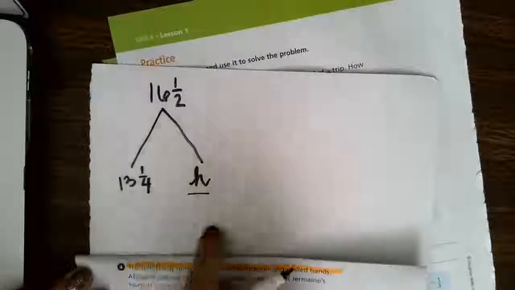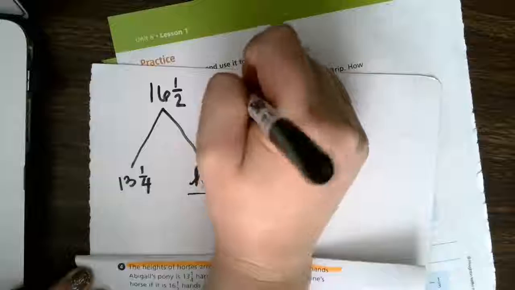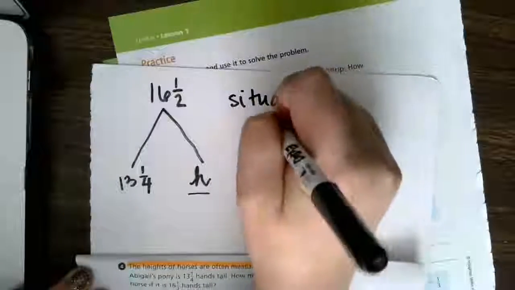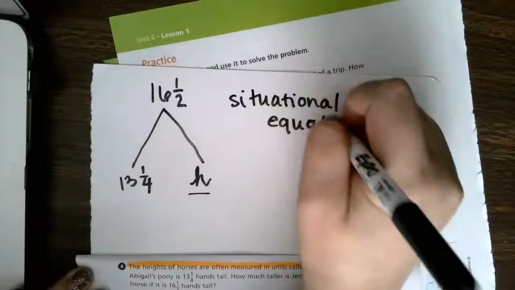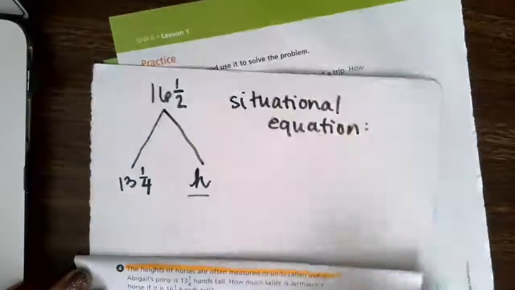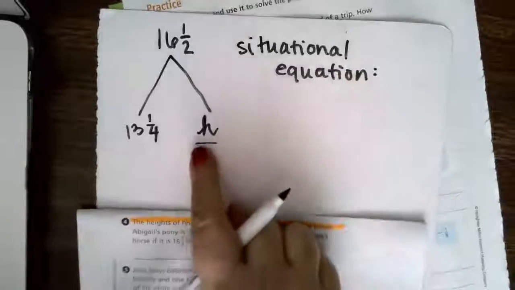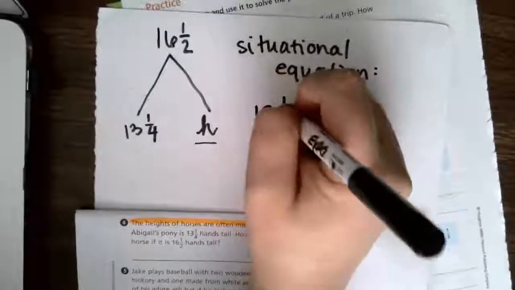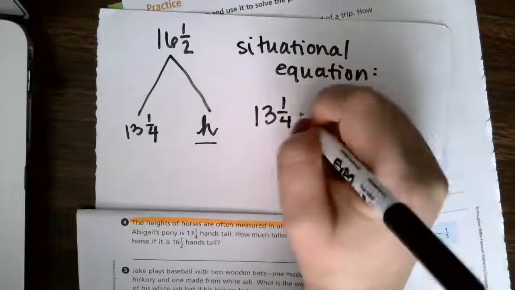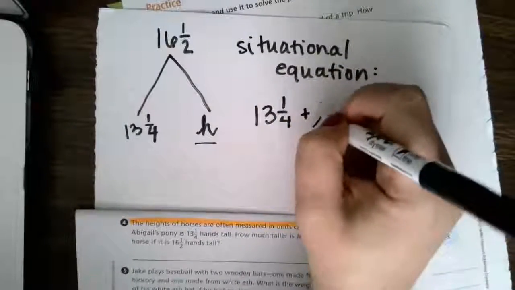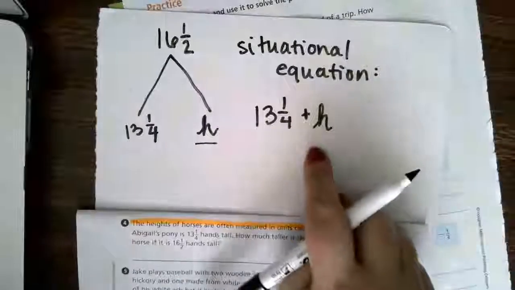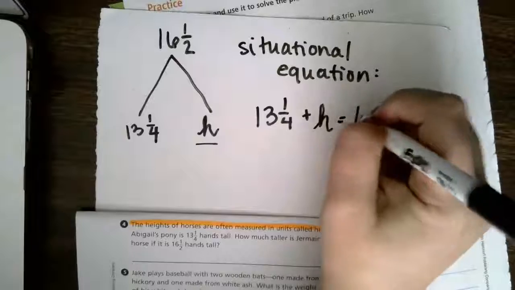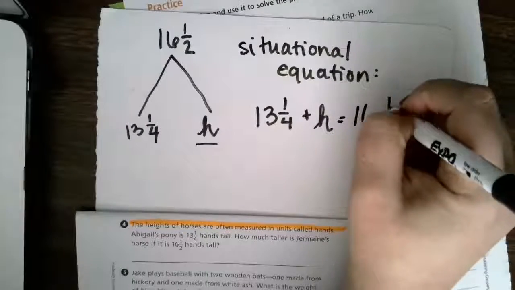So now I can go ahead and do my situational equation. In this case, I'm going to use my math mountain again, and I'm going to start with the 13 1/4, adding H, my unknown number of hands, to find the difference.